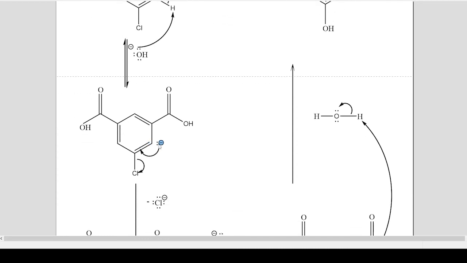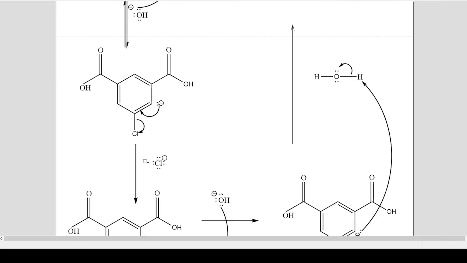This lone pair will then form a bond. But now this carbon has too many bonds: 1, 2, 3, 4, and then the newly formed bond 5. Carbon cannot have more than 4 bonds.